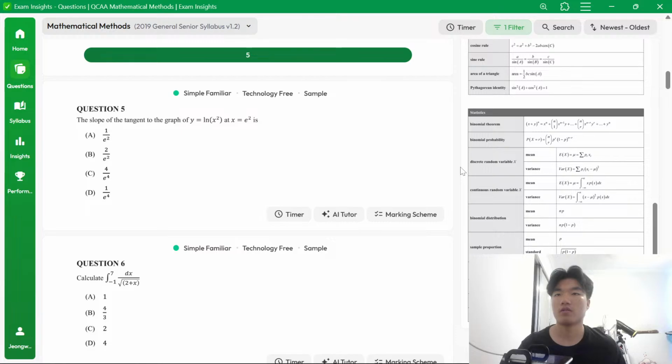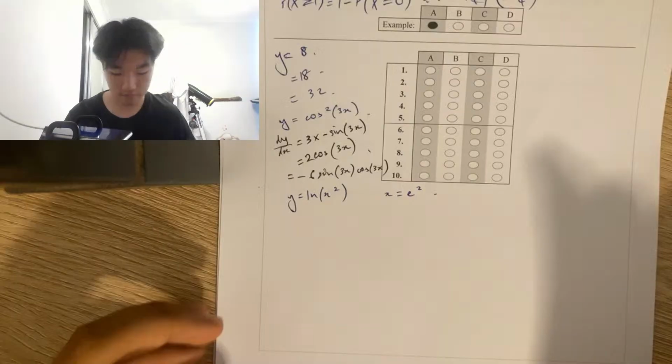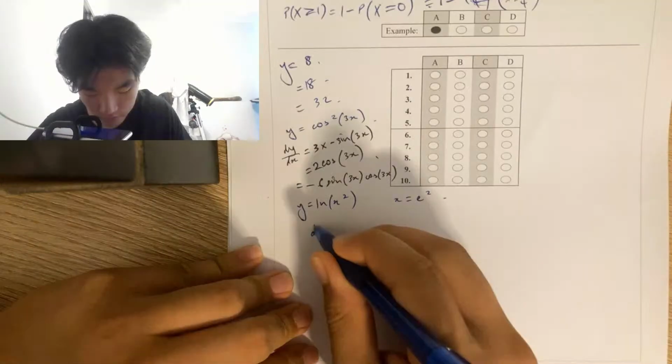The slope of the tangent to the graph of y equals ln of x squared at x equals e squared. Let's write it down. Find the gradient at x equals e squared. First derive this, so we're using the chain rule once again.